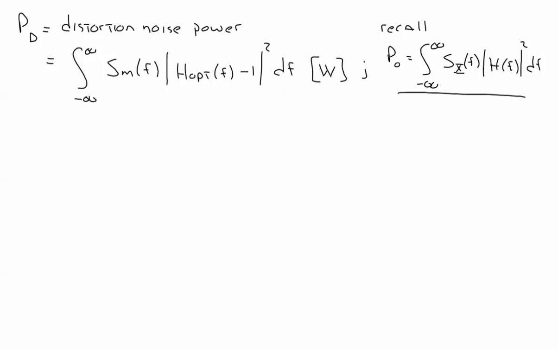So that's as far as we can actually take that. The second thing I'm interested in is channel noise. The channel noise power is simply this: P sub c equals the integral from minus infinity to plus infinity.